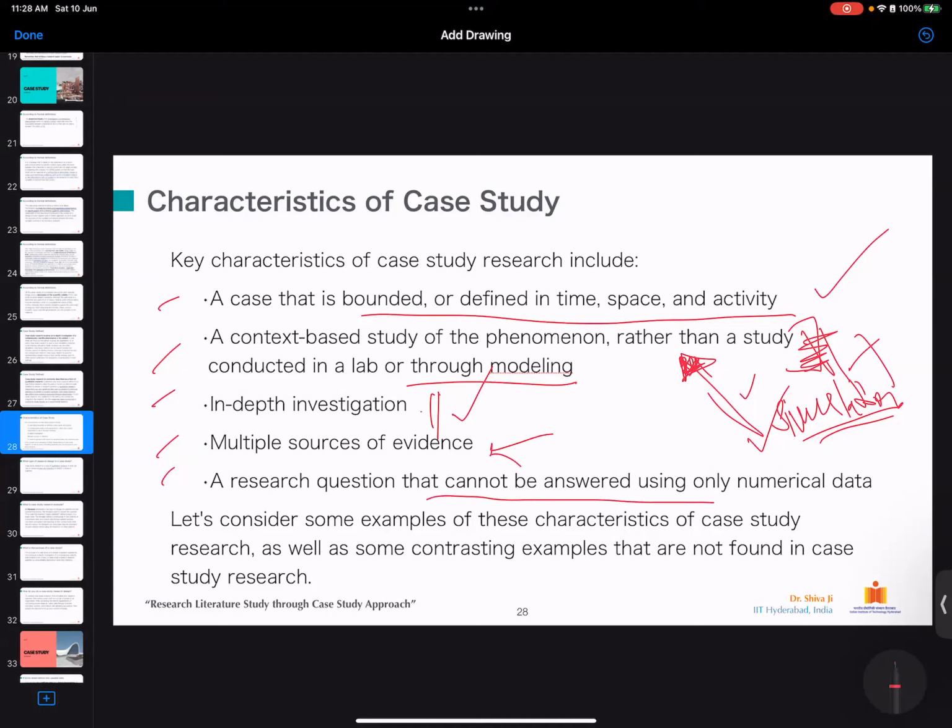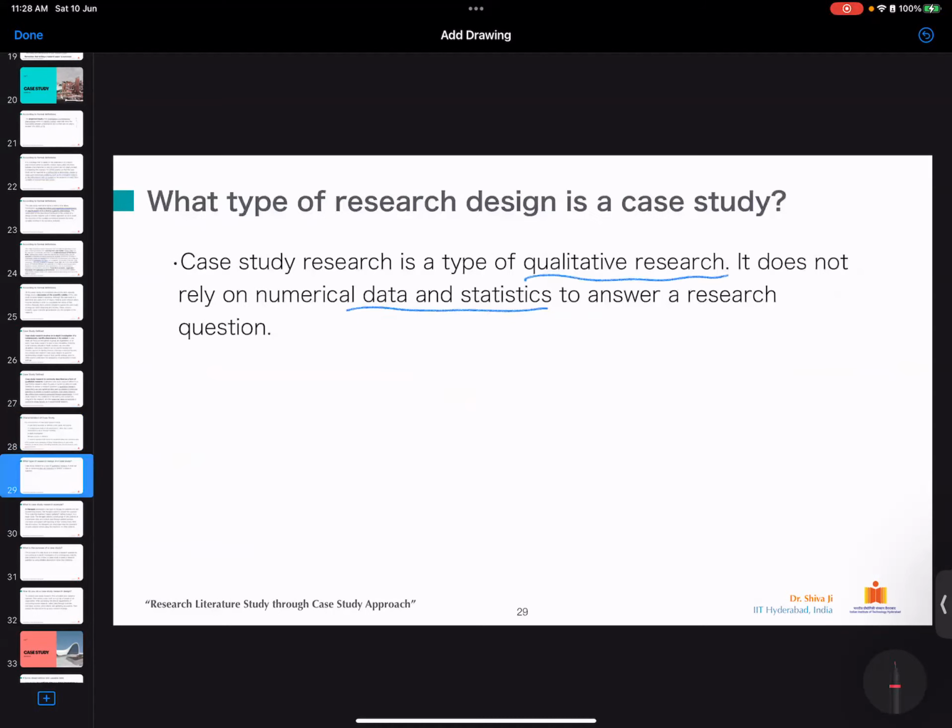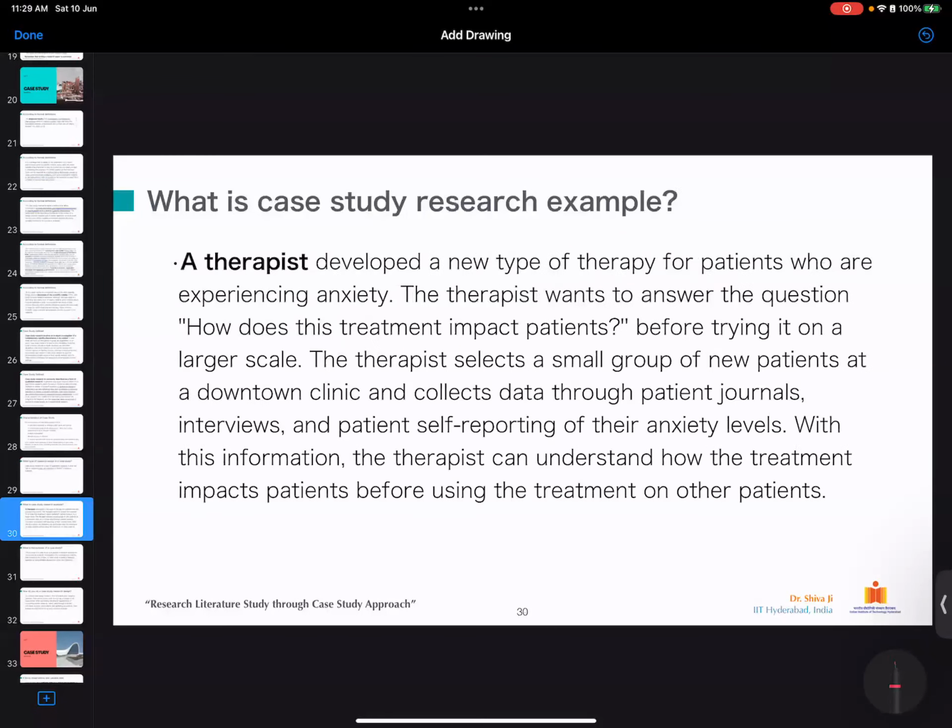A research question that cannot be answered using only numerical data, you can check through this methodology. So it helps with qualitative research, and it does not totally rely on data and statistics, though it also takes help of data and statistics in case study methods.